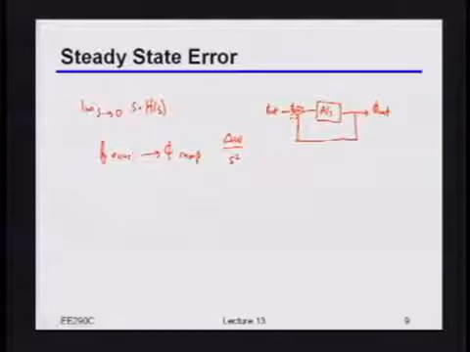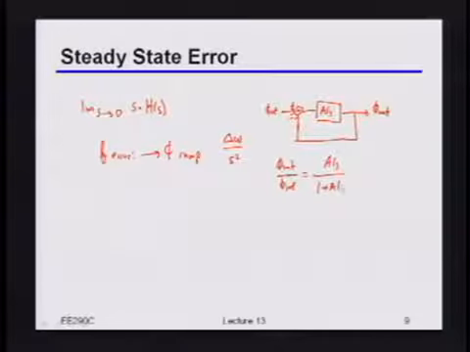So my phi out over phi ref is just going to be something like a over s divided by 1 plus a over s, right? Which again, if I simplify things into a more standard form, would just end up being 1 over s over a plus 1. Okay?